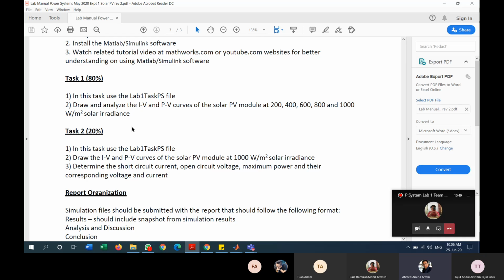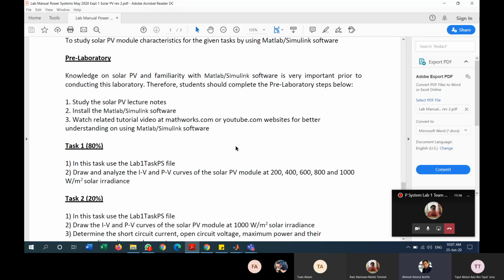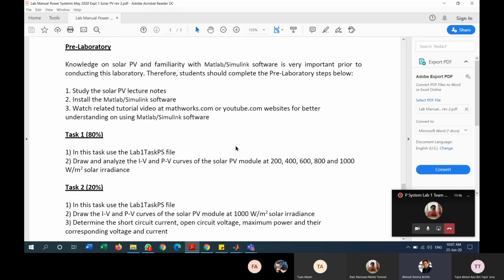So basically the task 2 is this number 3, where you need to do some analysis on the short circuit current and open circuit voltage, and you need to analyze the power. What types of power you have once you have the short circuit current and open circuit voltage. Okay, so now we'll go to the Matlab file.